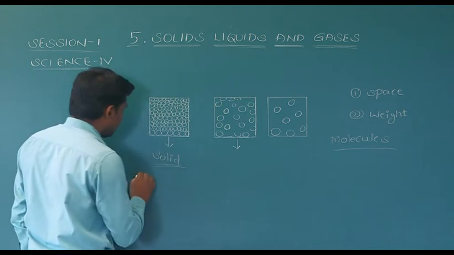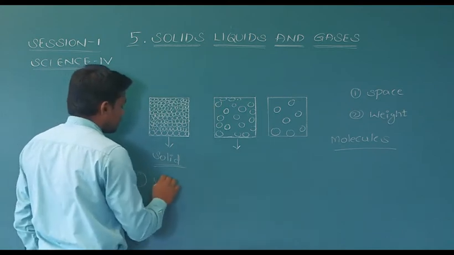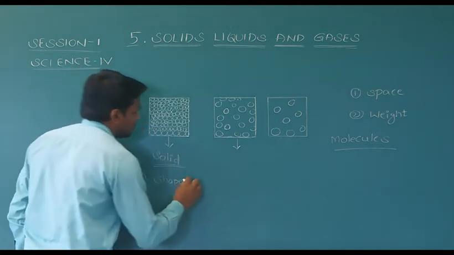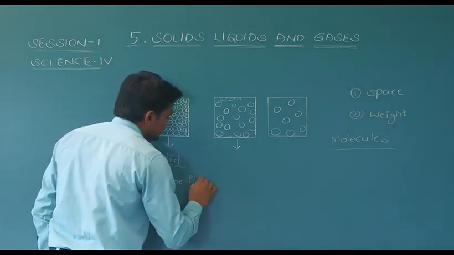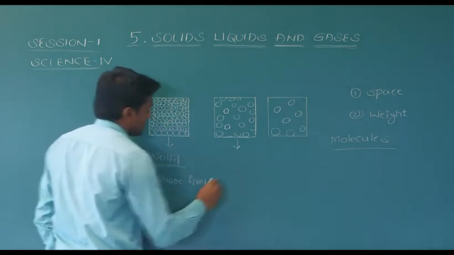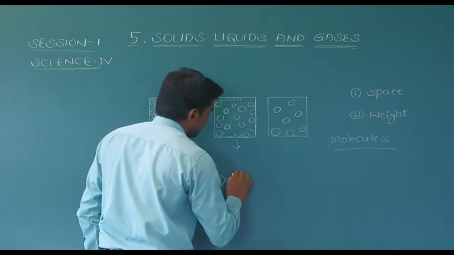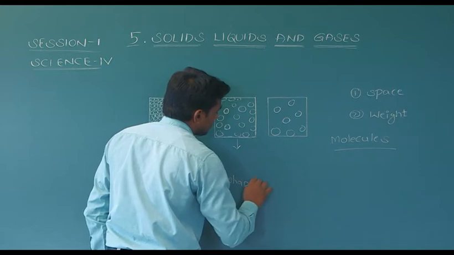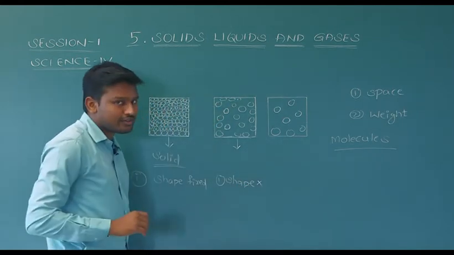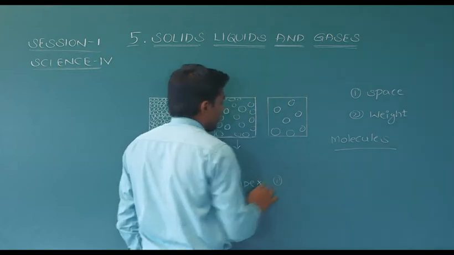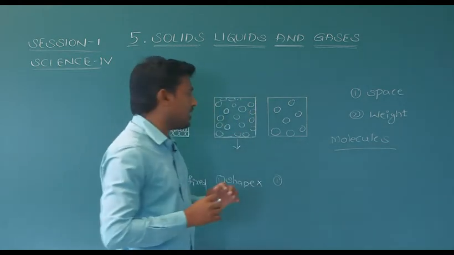So, the first property we are seeing here is that the shape of a solid is fixed, and the shape of a liquid is based on the container. So, it does not have a fixed shape. And now, here we are discussing another state of matter.